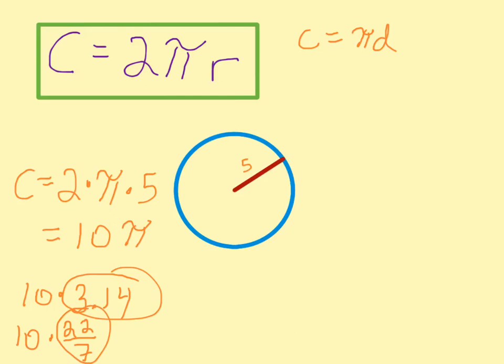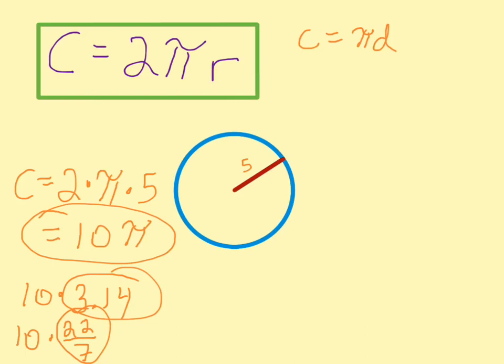Those are not equal to pi, those are approximations of pi. So I can either use the calculator and get an approximation that's a lot more accurate than those two, or I can do it by hand using 3.14 or 22 sevenths as pi, or I can do it by saying 10 pi, which is the exact answer.